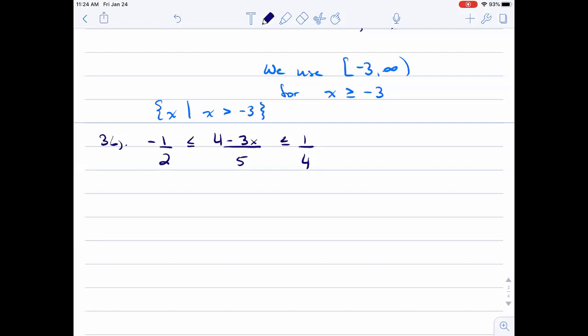So if we start this, I'm trying to get x on its own in the middle. And so the first thing I'm going to have to do is multiply all the items by 5, to get that 5 in the middle to cancel.